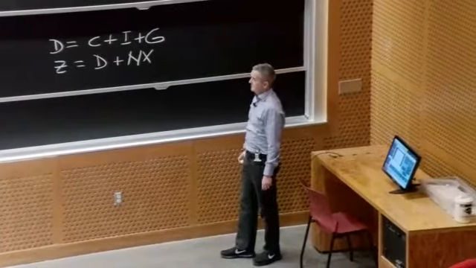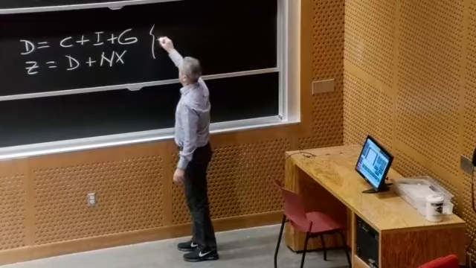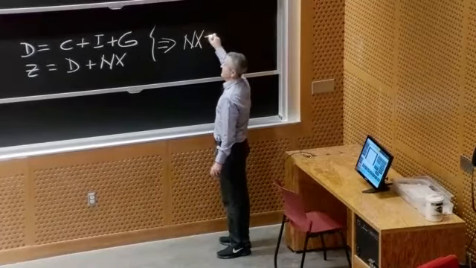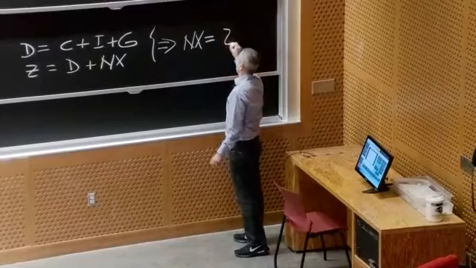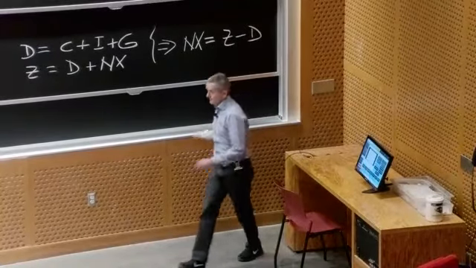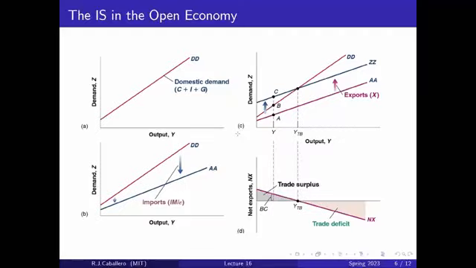So what I'm saying is that net exports is just equal to Z minus D. That's the reason why, when I showed you this thing early on, the distance between ZZ and DD is the net exports. When the two of them are the same, that also means that net exports is equal to 0.